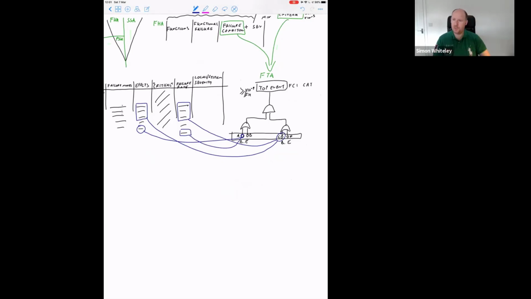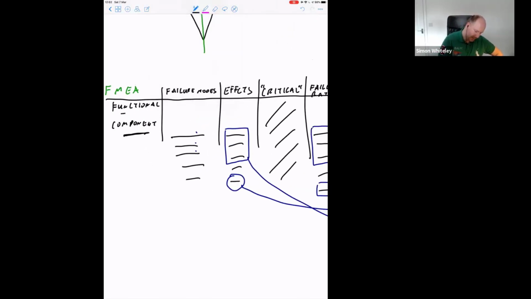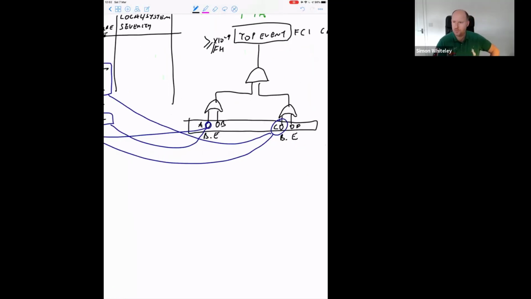So you can do both a qualitative analysis and a quantitative analysis, both with the same tools. But of course, the level of certainty you have about quantitative numbers is a bit of a challenge. If you did a functional analysis and identified some software failure modes, you wouldn't be able to fit them in this fault tree with probabilities because there aren't any.